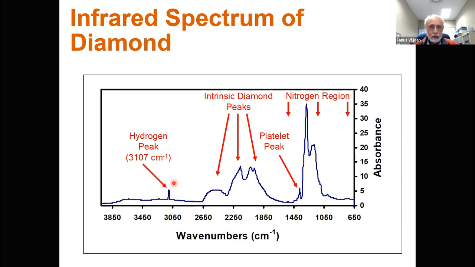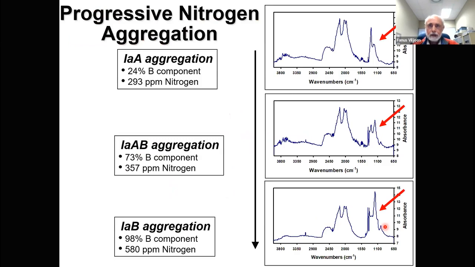Over here, some diamonds do contain hydrogen, and when they do, you have carbon-hydrogen vibrational bonds, which show up in this region of the infrared spectrum. Now, the nitrogen in diamond is originally captured as a carbon-nitrogen substitution. That's very typical of diamonds that are very young, or of diamonds that are synthetic in origin.